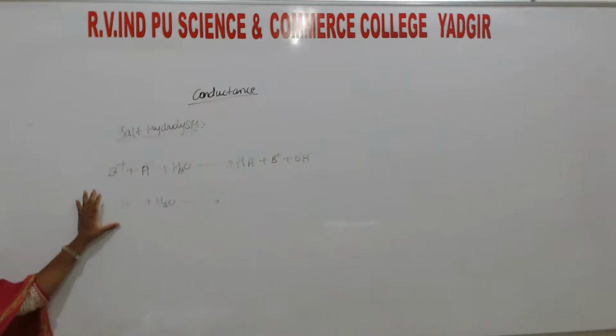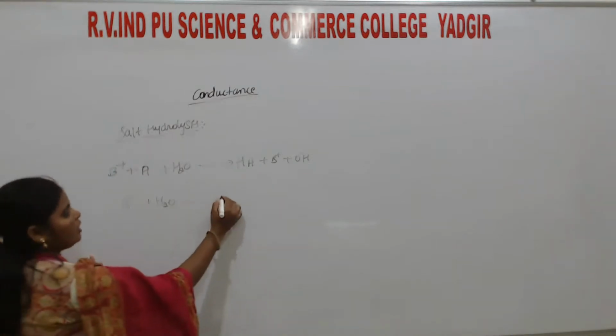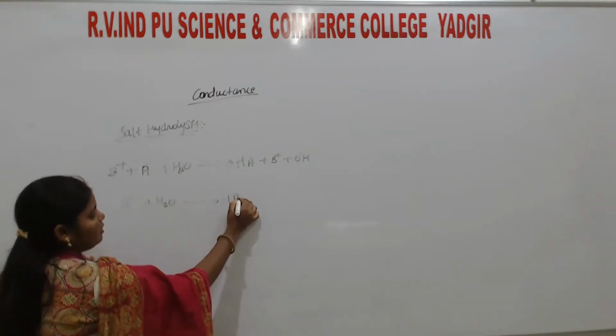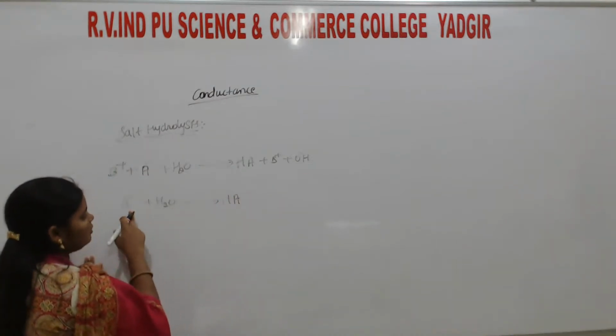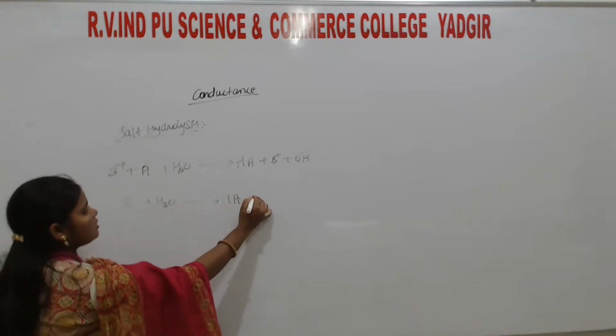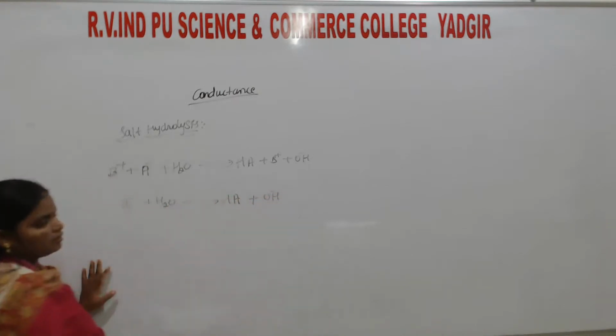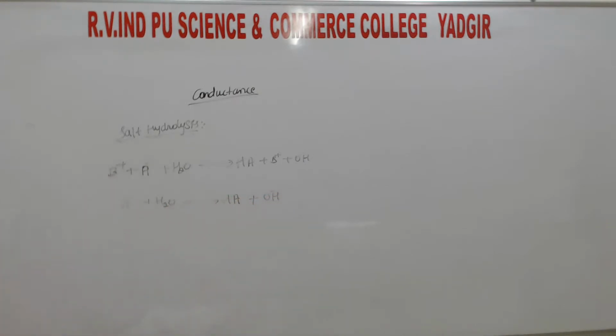This process is known as anionic hydrolysis, and the product is HA. One H is attached to A, HA is formed, and the remaining OH- is left.